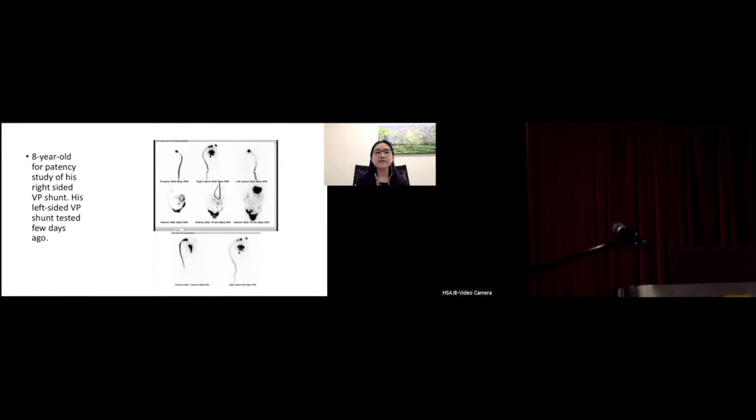So left ventricular peritoneal shunt injection was done through the left frontal reservoir to assess the left VP shunt.